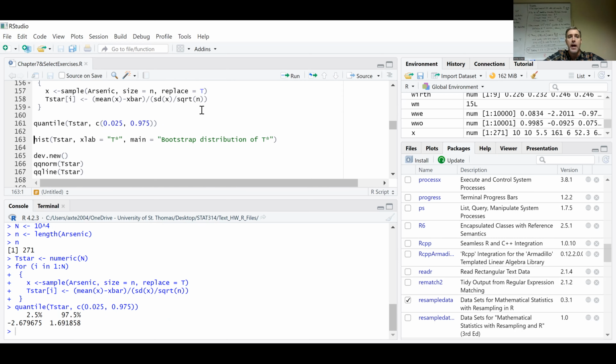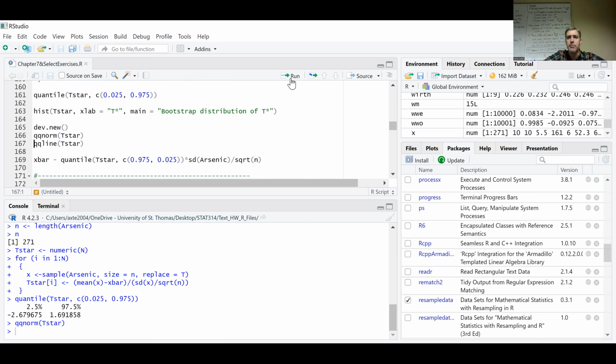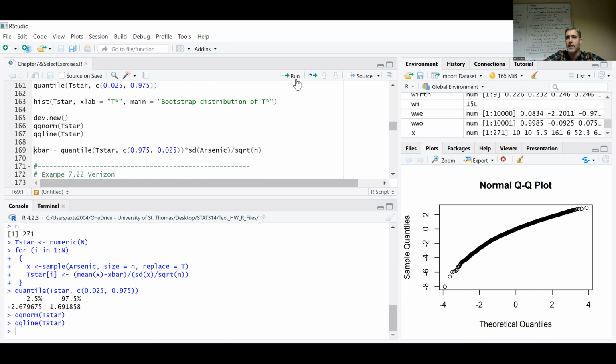Okay. And you can see that this T star distribution, this bootstrap distribution we got, isn't normal. Look at that plot. It's not aligned. If I throw a line in there to see how bad it is, it's bad. It's not normal. So just using the T distribution formula from section 7.1 would give us a bad confidence interval.